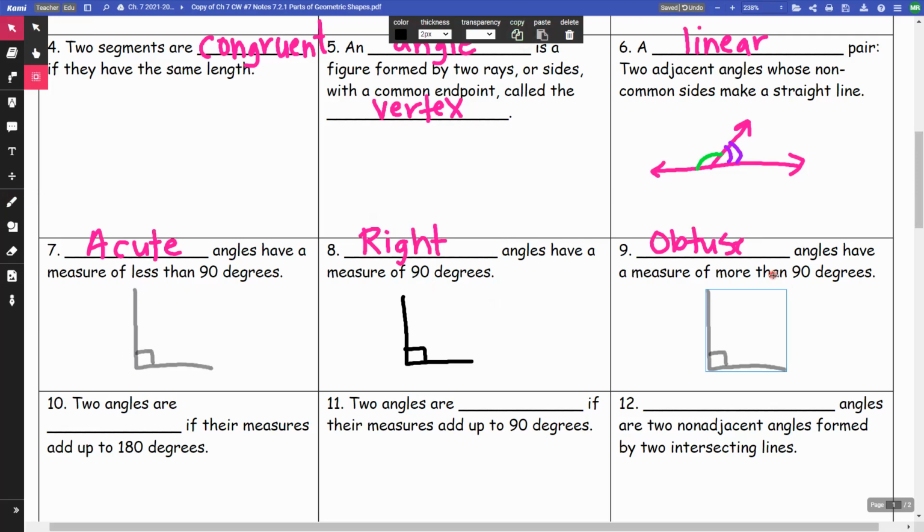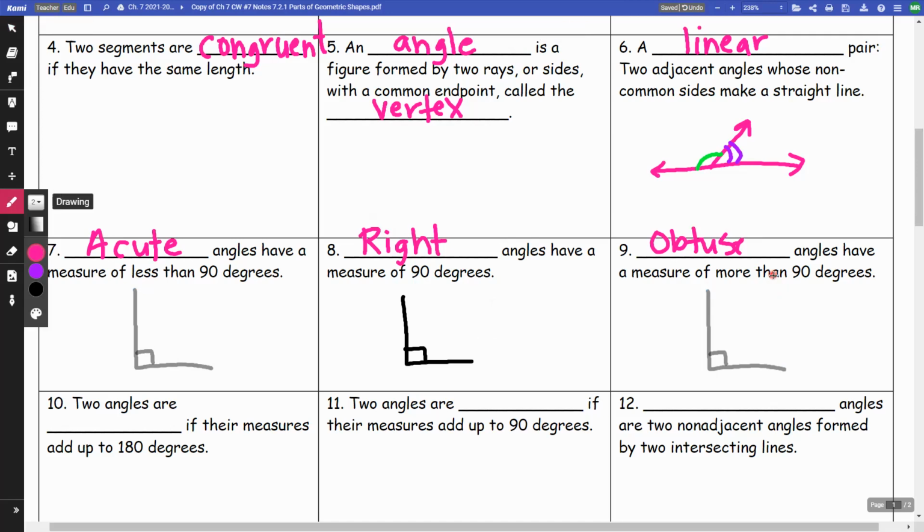Okay, so an acute angle is one that would be, let me make this one a little darker, less than 90 degrees. Okay, that would be acute. Obtuse would be where it's greater than 90 degrees, something like that.